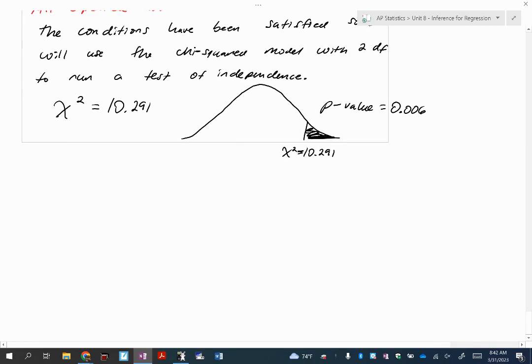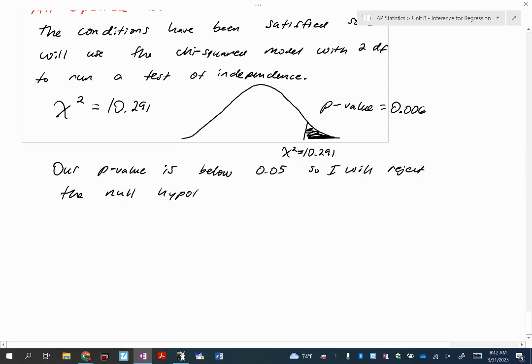You can see this is a very small p-value, so our p-value is below 0.05, so I will reject the null hypothesis in favor of the alternative.